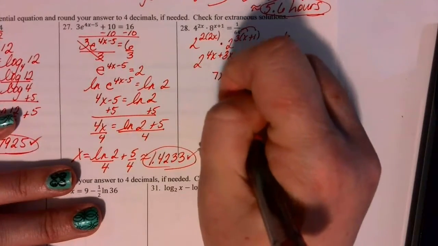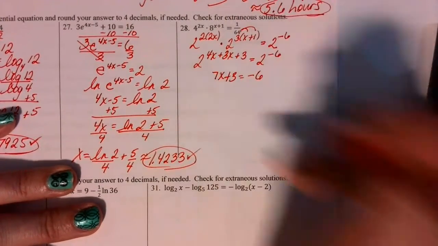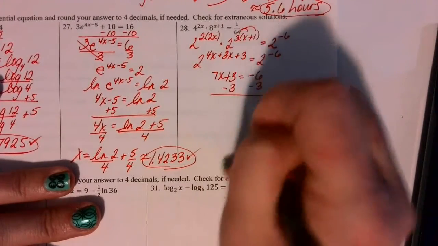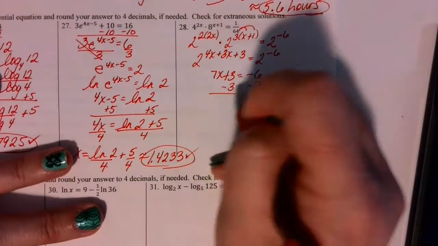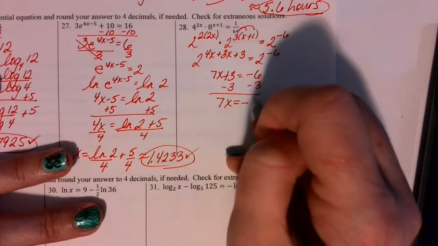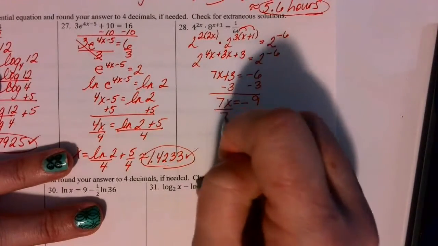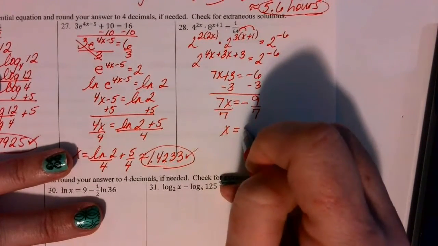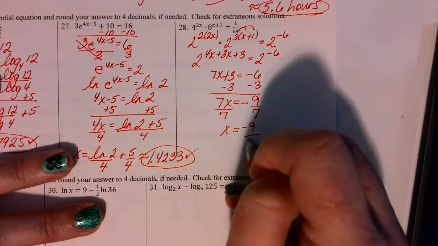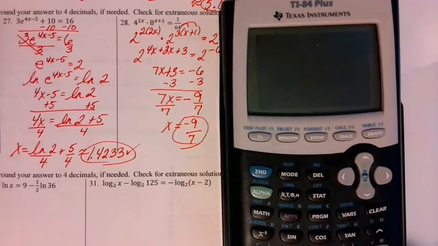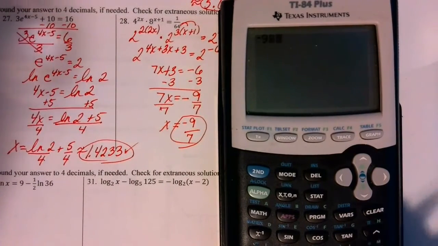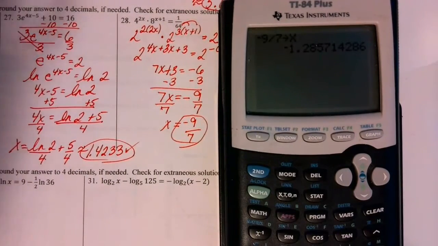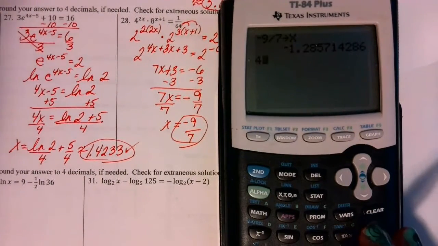So 7x plus 3 is equal to negative 6. Then we can solve for x. So we'll subtract 3 from both sides, and 7x is equal to negative 9. Divide both sides by 7, and x is equal to negative 9 over 7. So we're going to store negative 9 over 7 as x in the calculator and then type the original equation to check.